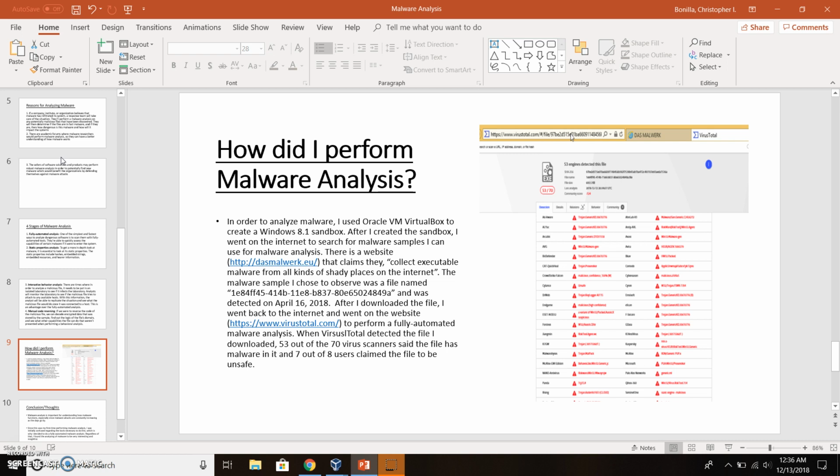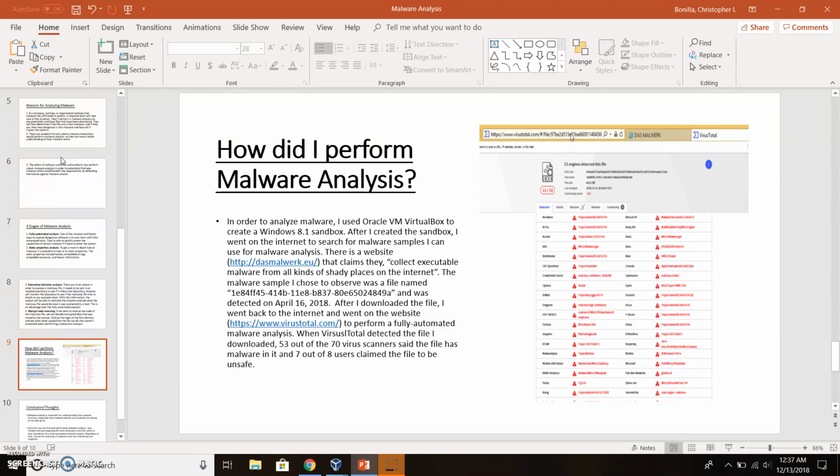There's a website called www.decimalwork.eu that claims they collect malware from all kinds of shady places on the internet. The malware sample I chose to observe was a file named this string of letters and numbers, and it was detected on April 16, 2018.